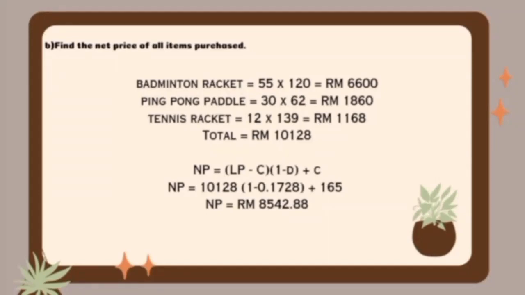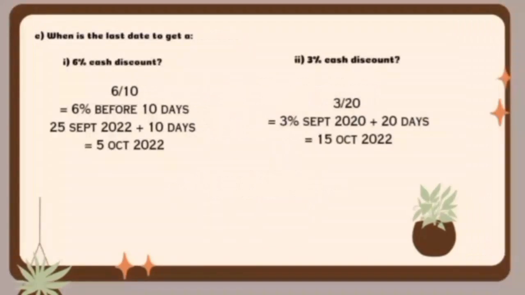So the net price equals list price, which is 10128, times (1 minus 0.1728), plus 165. So the net price is RM8,542.88.